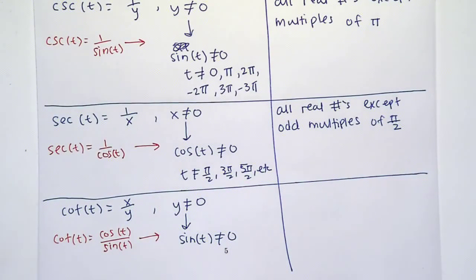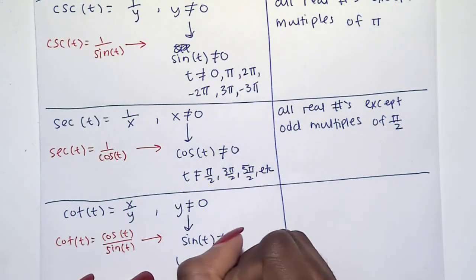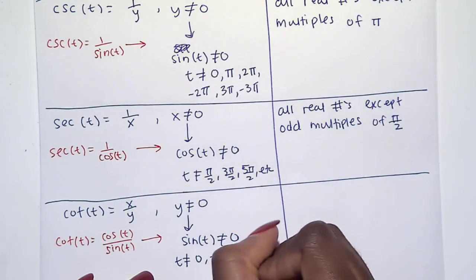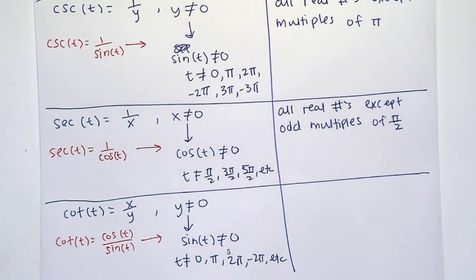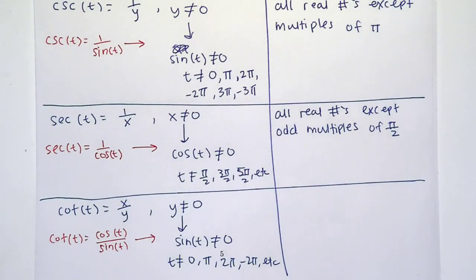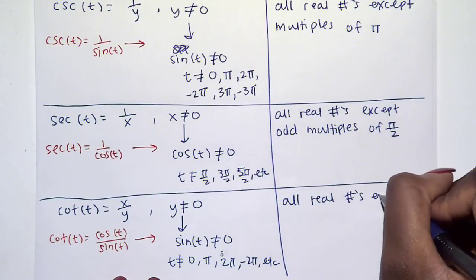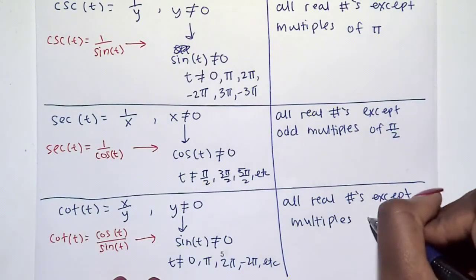Well, that should look familiar. We did the same thing with cosecant. It's going to have the same domain. We cannot include all of the places that make sine of t be 0. So places like 0, pi, 2 pi, negative 2 pi, etc. So the domain of cotangent of t is going to be the exact same as the domain of cosecant. So it's all real numbers except multiples of pi.